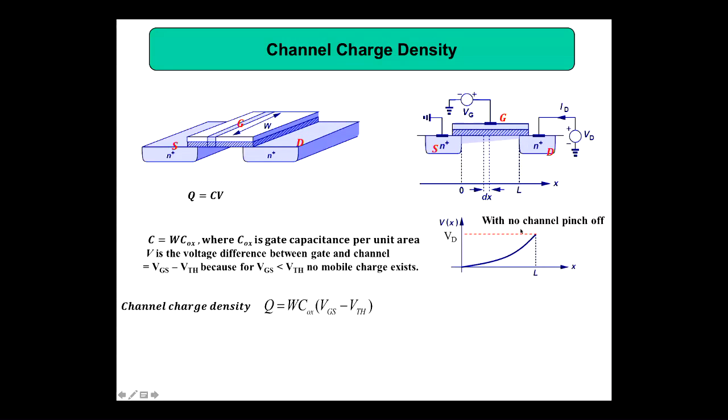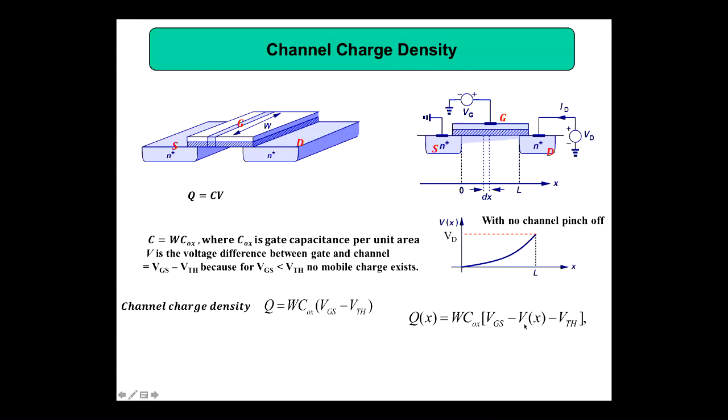If you don't consider channel pinch off, then this is the length, and this is the voltage distribution: here you have more voltage, and then the voltage decreases towards this region. So the channel charge density at a point X can be written as W into COX into VGS minus VX minus VTH.